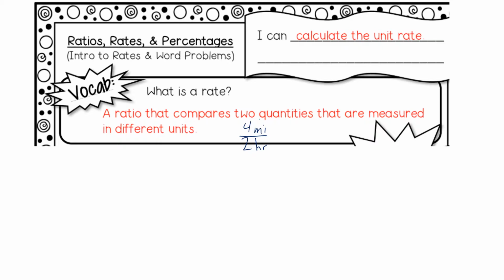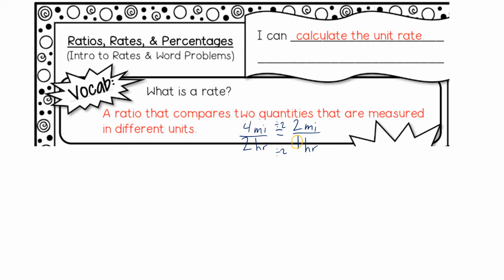And then I would write equals, just looking at it, divide 4 by 2, I get 2 miles, and 2 divided by 2, dividing each of these by 2. 2 divided by 2 is 1 hour. There is the unit rate because it has a 1 for a denominator.